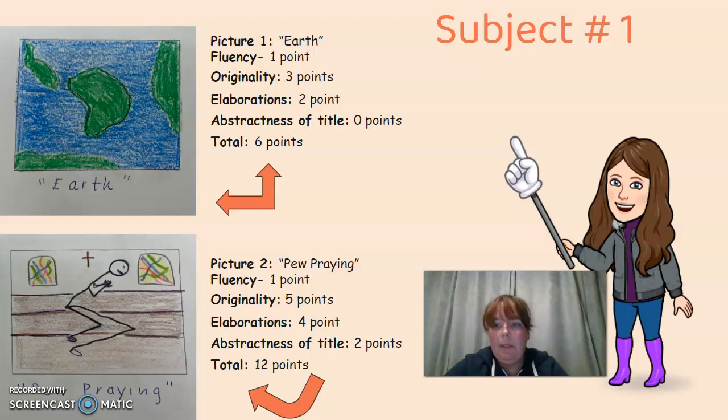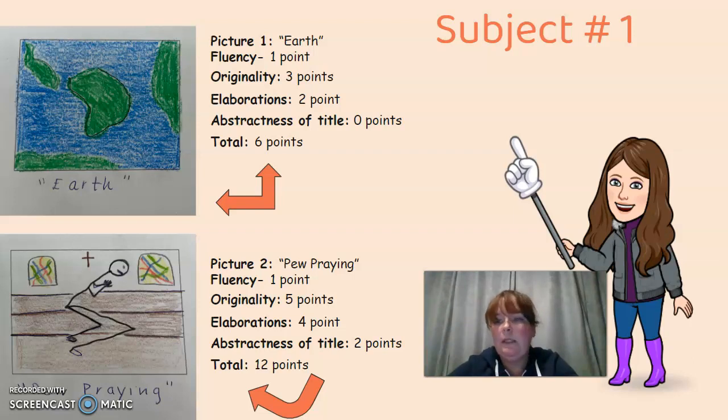In order to score the picture, I first looked at what the picture was, then thought about the originality and the details within the picture. So in this case, there was land and water, which are both items on Earth. But I gave the subject 0 points for the title because I felt it was simple and common, and there was no creativity put into that whatsoever.